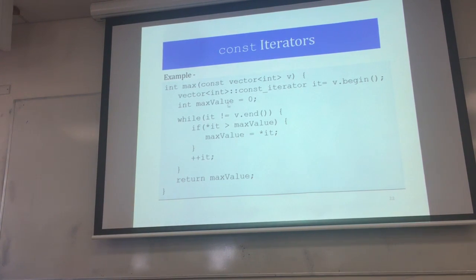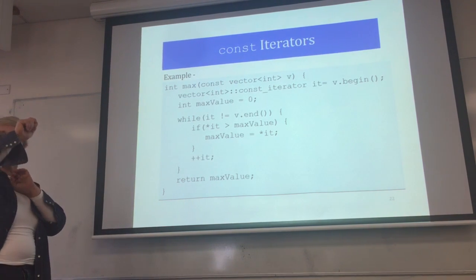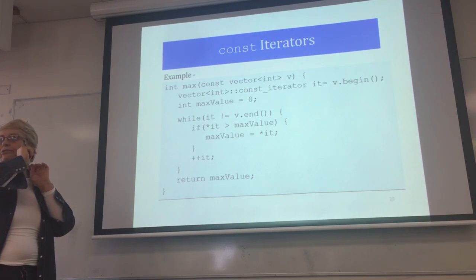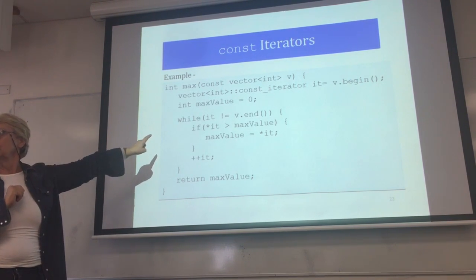Now, I said that it's not a good idea to set it to 0. This vector can have negative values, all negative. So I can have a constant vector with -3, -5, -9. Maximum value is -3, not 0.